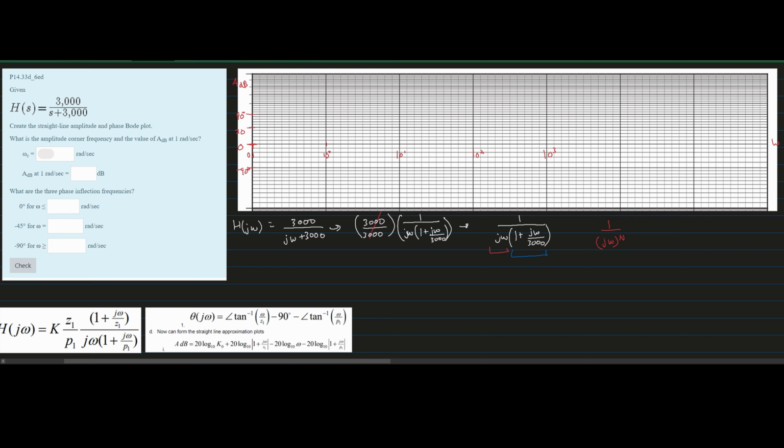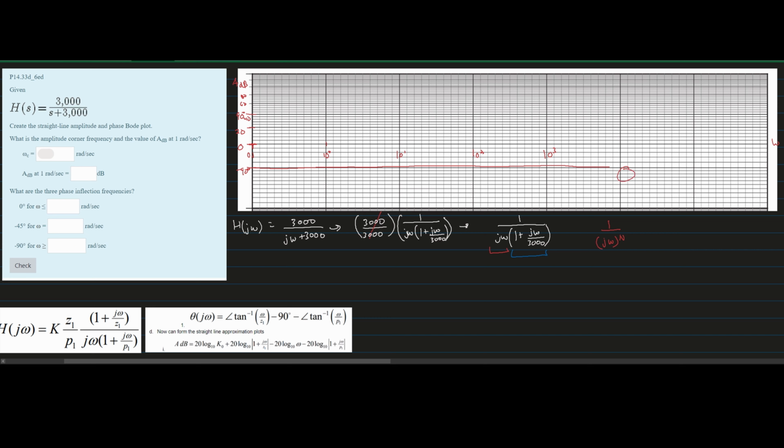Each of these is 20, then 40, 60, 80, and so on, and the same in the negative direction. But since we just have 1 over jω to the n, this is just going to be a negative 90 degrees. So when we draw this in the Bode diagram, we're going to have this, and this is a slope of 0, so we can write 0 right here.